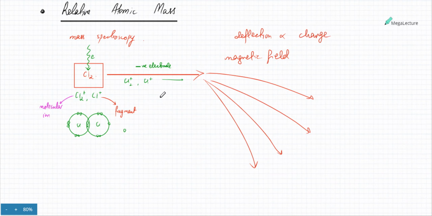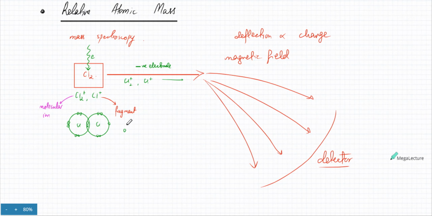So if the particle has a higher charge, like +2 or +3, then it's going to get deflected so much that it's going to go out. We have a detector over here that's collecting all those particles and detecting what amount of each particle you're getting. So if the charge is too high, you could get +2 over here, you could get +3 as well.